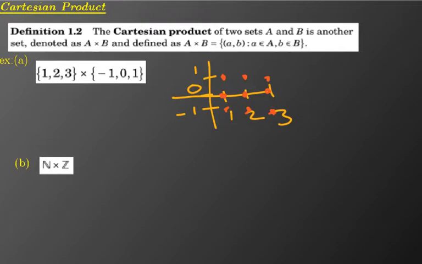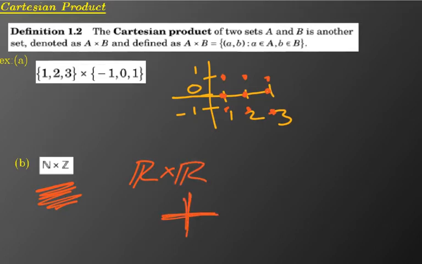You can do this with sets that are infinite too. There's an example in the book like this. But you can do one that you definitely know. If you do R cross R, that literally is just your full number lines crossed together, and that's what we write as R^2.